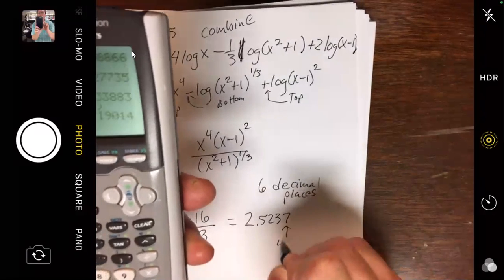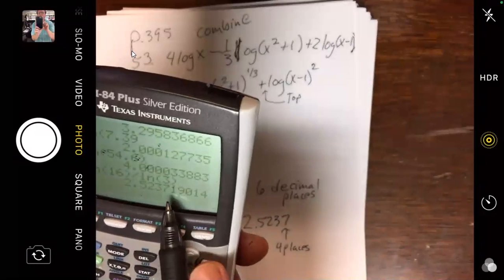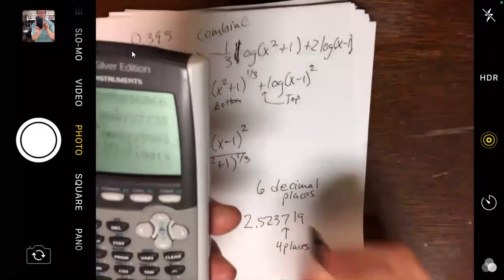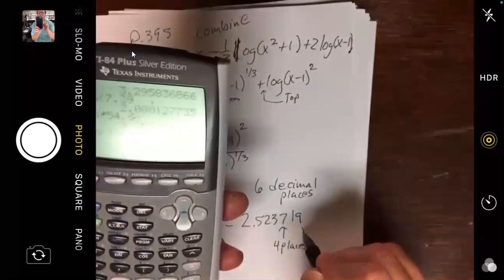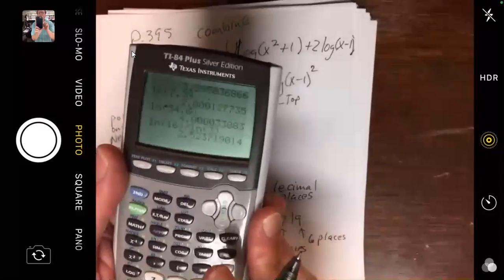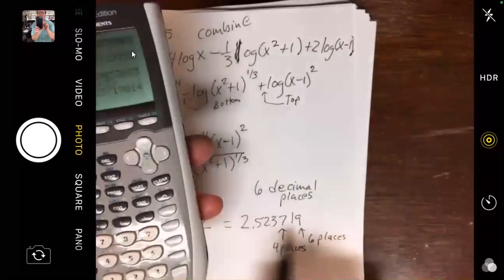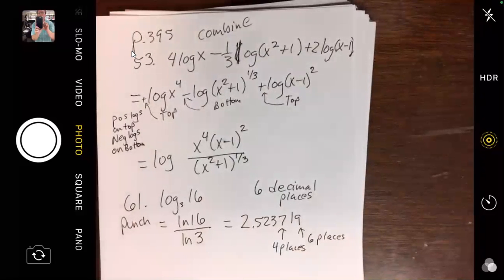That's 4 places. 19. 6 places. I'm not that anal about the rounding or anything, and I won't rip you on a true or false based on the places. We'll try to make it more obvious than that.